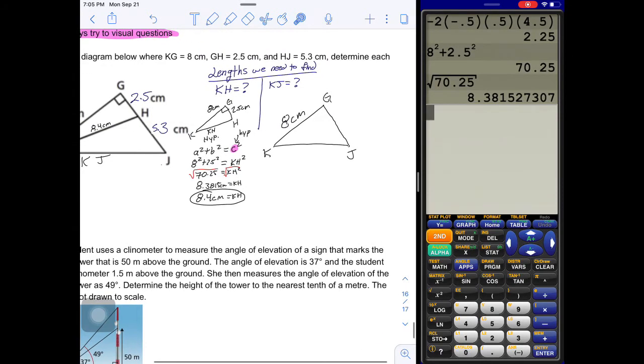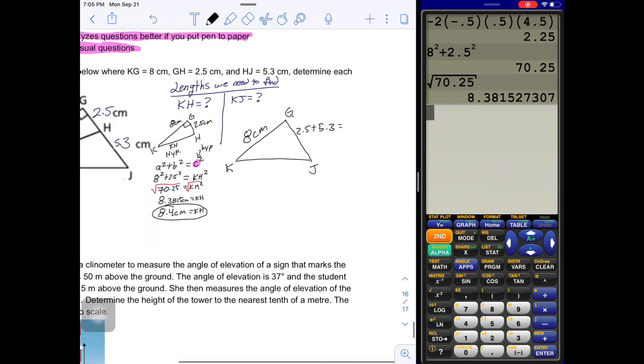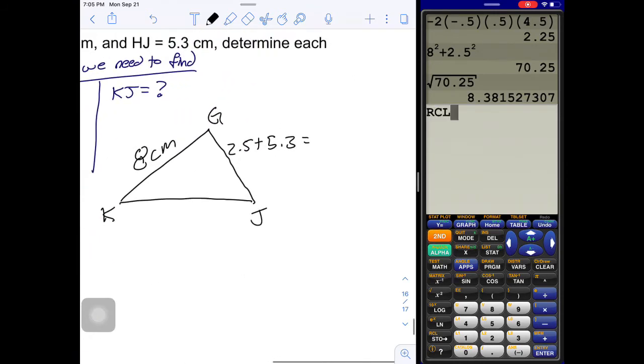Now, what is K to J? K to J is the addition of 2.5 plus 5.3. So this will be 2.5 plus 5.3. 2.5 plus 5.3 gives me 7.7.